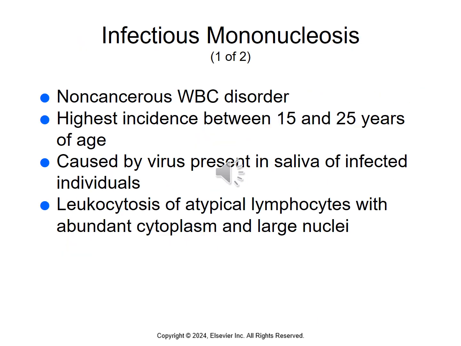Infectious mononucleosis is a non-cancerous white blood cell disorder. Highest incidence is between the ages of 15 and 25. Caused by a virus present in the saliva of an infected individual, with leukocytosis or atypical lymphocytes with an abundant cytoplasm and large nuclei.